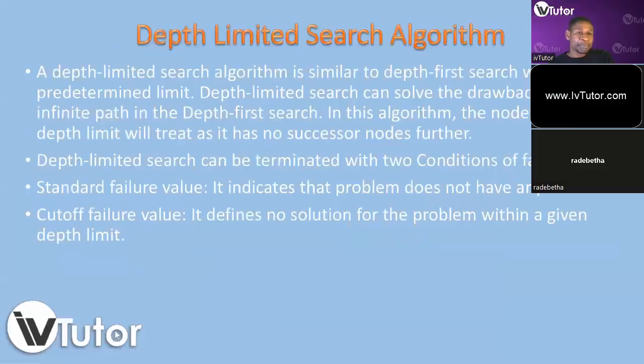Then depth limited puts a limit. Depth limited is a depth first algorithm, but it comes with a predetermined limit. So this removes the possibility of an infinite path, as in the previous strategy.